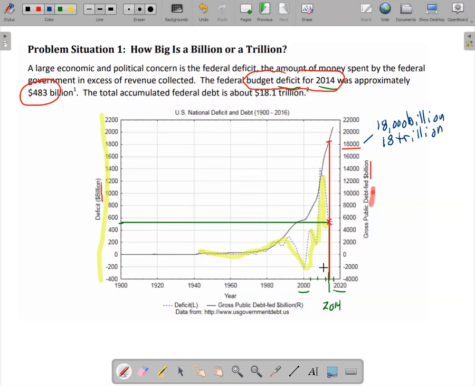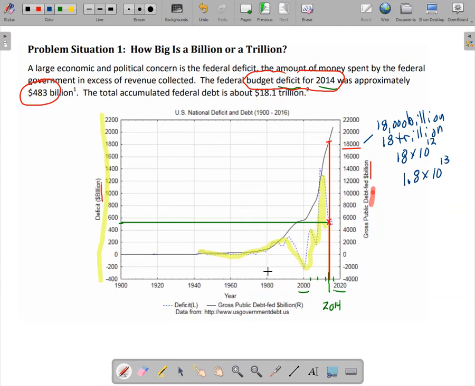Okay, and a trillion had how many zeros again? 12 zeros. So I could also write that as 18 times 10 to the power 12. Is that real scientific notation? Not quite, right? It'd have to be 1.8, which means I need to up the power. So I could also say it's 1.8 times 10 to the power 13, right?